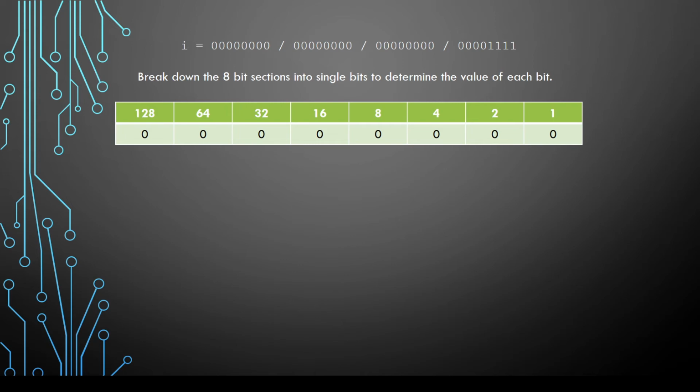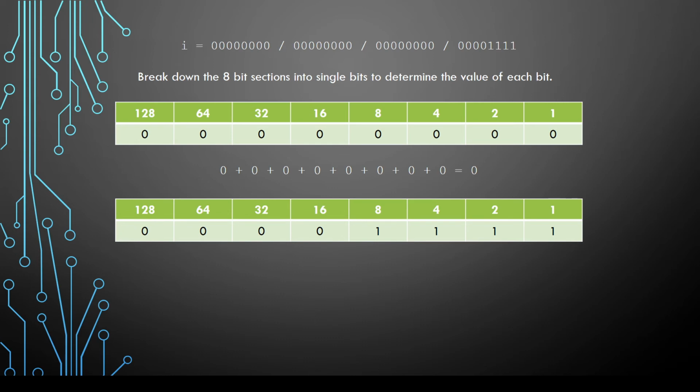So you can see here, let's say this first byte, the first 8 bits, it's all 0. So 0 plus 0 plus 0 plus 0 plus 0 equals 0. It's pretty simple. So generally we can just ignore the first 3 bytes and just focus on that last byte. Here it maybe makes a little more sense.